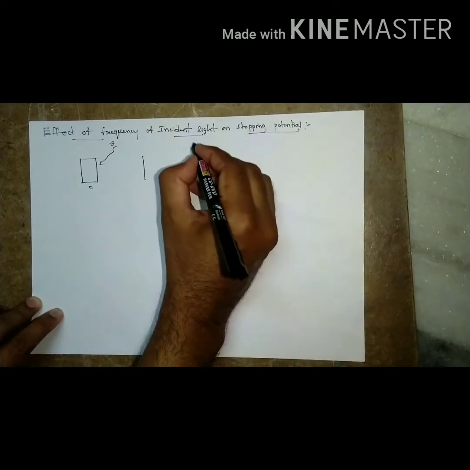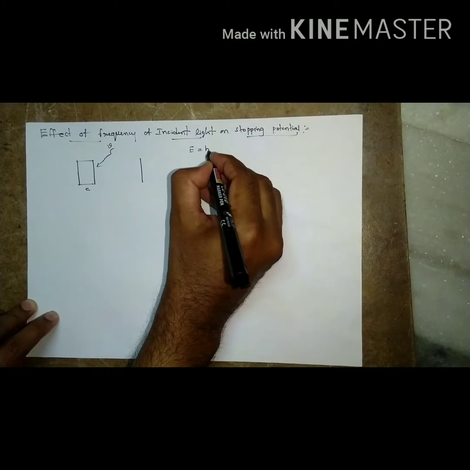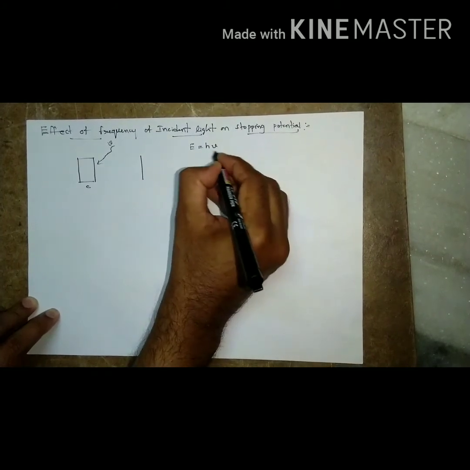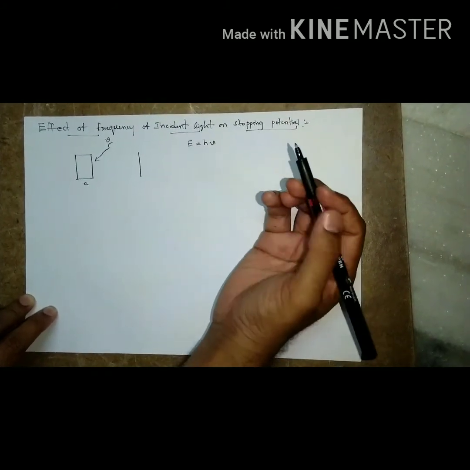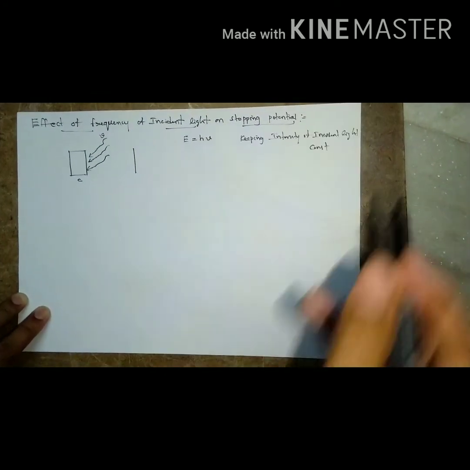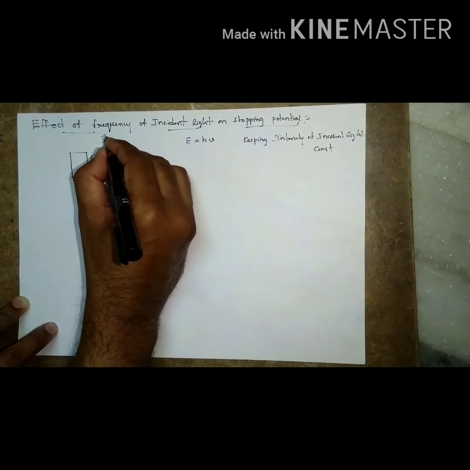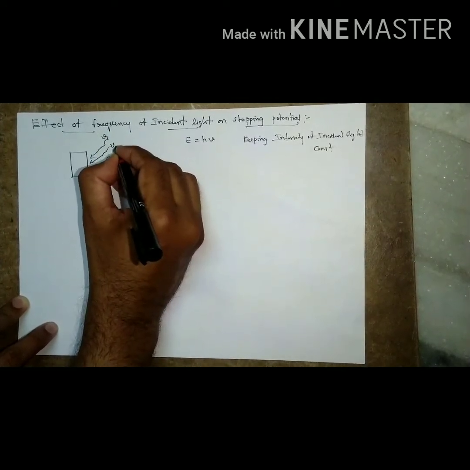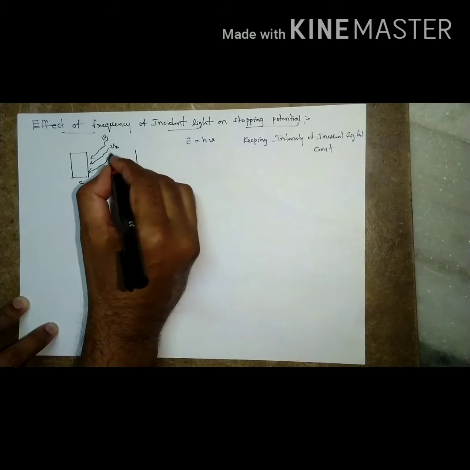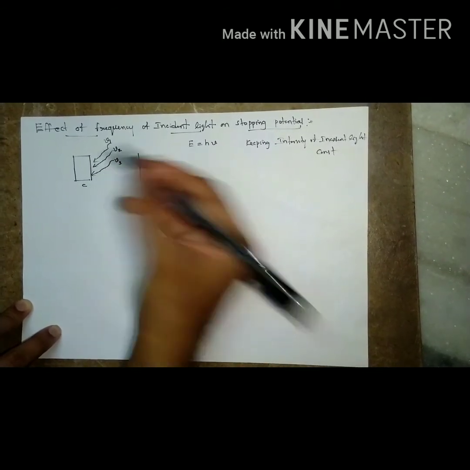We know Einstein's light energy is equal to h nu. So as nu increases, E also increases. So as frequency increases, incident energy also increases. Keeping the intensity of incident light constant, nu1 is the first incident frequency, nu2 is the second, and nu3 is the last.